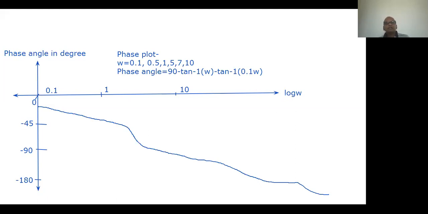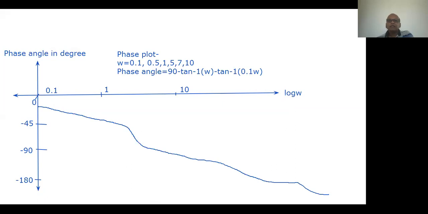Already in the previous lecture, we discussed the GM and PM: gain margin below the 0 dB line and phase margin above minus 180 degrees. The given open loop transfer function is stable, or the gain margin and phase margin are positive, then the system is said to be stable.